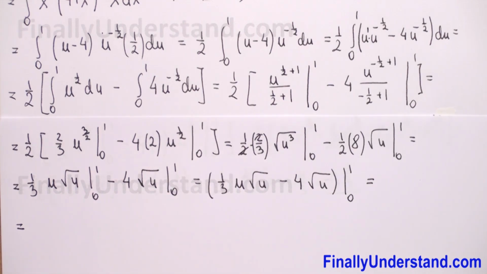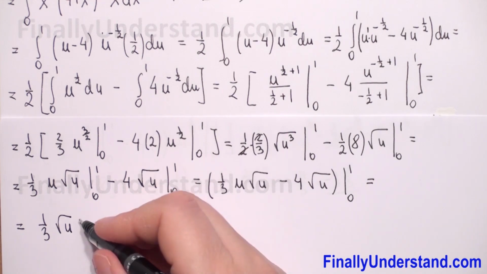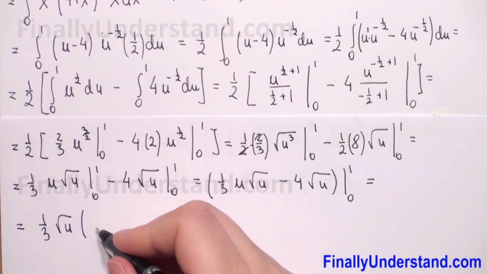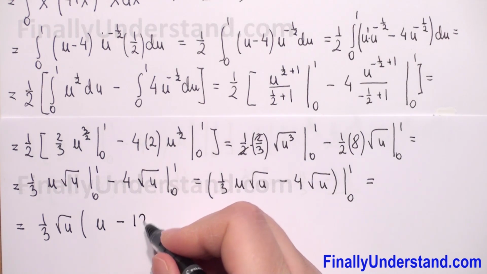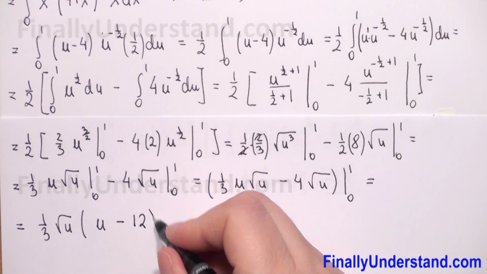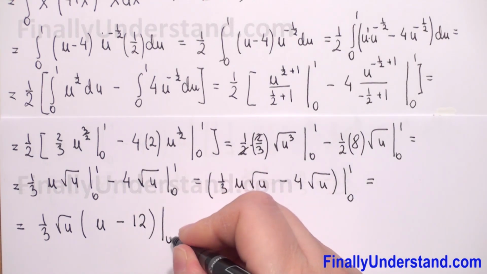And what else can we do? We can factorize 1/3 times square root of u. So it will be 1/3 square root of u, and in parentheses we will have u minus 12, and limits from 0 to 1.